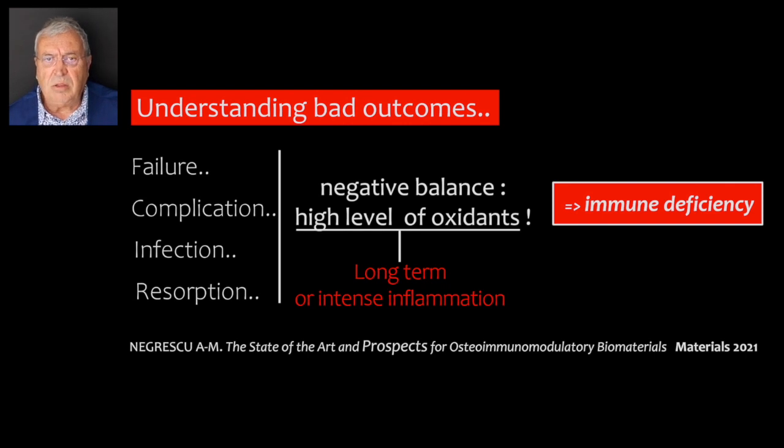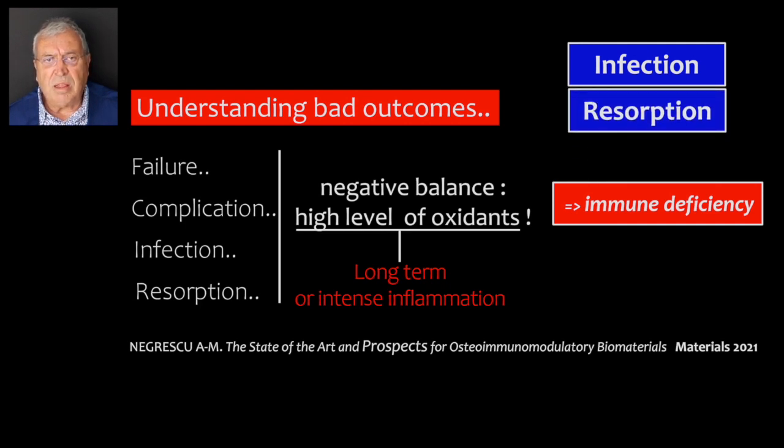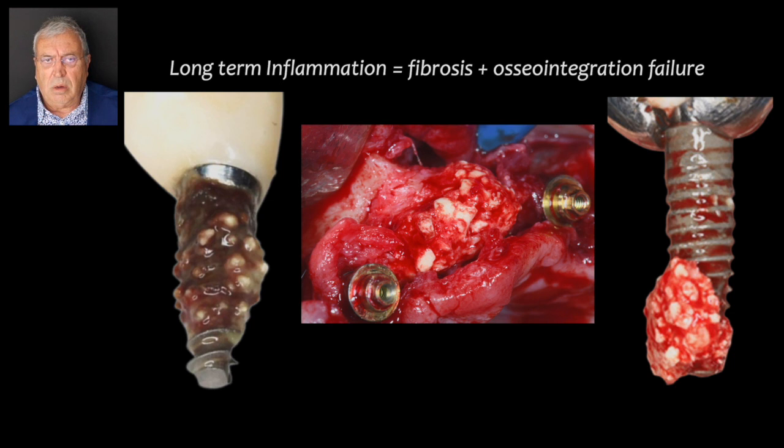And if the immune system is deficient, it's logical to meet infection, to meet resorption. But now we understand why we meet fibrosis. Fibrosis always follows a long-term inflammation. Long-term inflammation will lead to fibrosis and osseointegration failure.